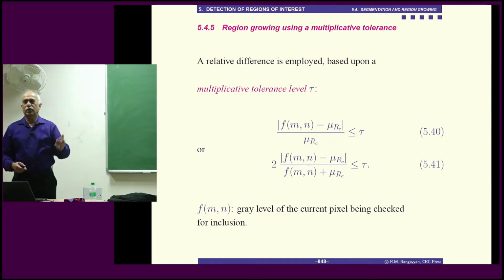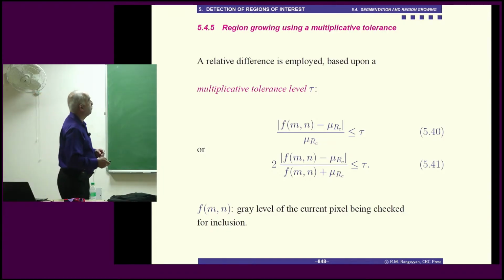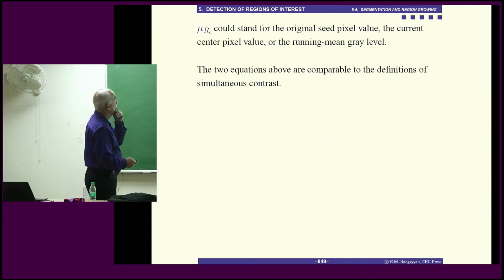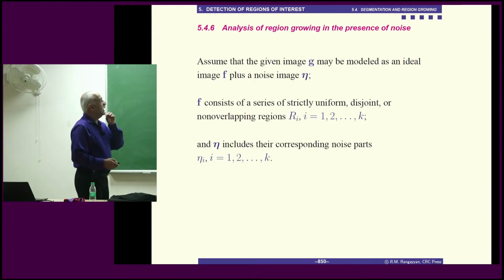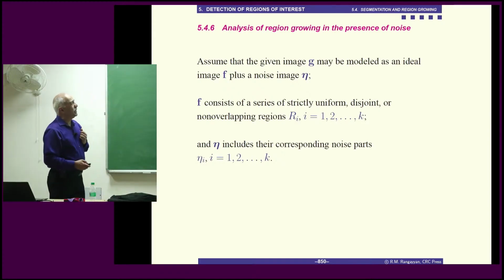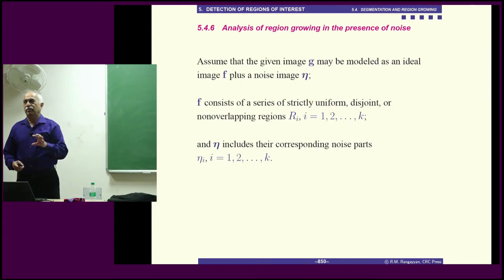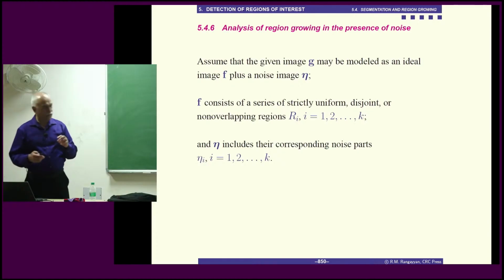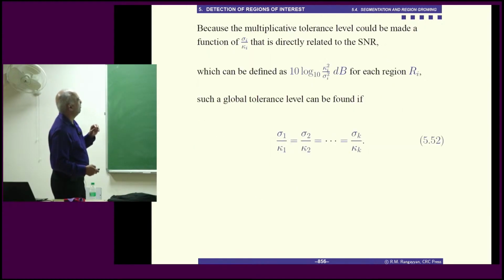So additive, multiplicative, contrast, and simple difference. I'll skip this, but essentially what was done here is how region growing is affected by the presence of noise. But I think I'll skip that, that's not very important.